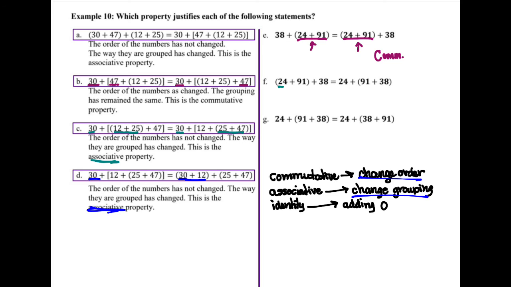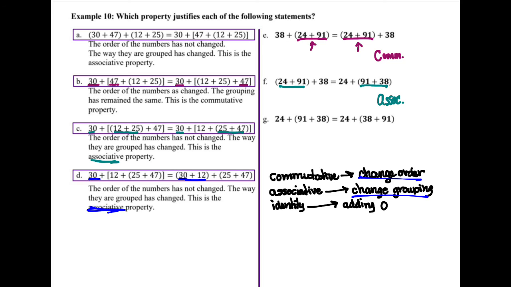We have 24, 24, 91, 91, 38, 38. Order didn't change, so it's not commutative. Okay, here we have 24 and 91 in the parentheses. Here we have 91 and 38 in the parentheses. So the grouping changed. So that's the associative property.